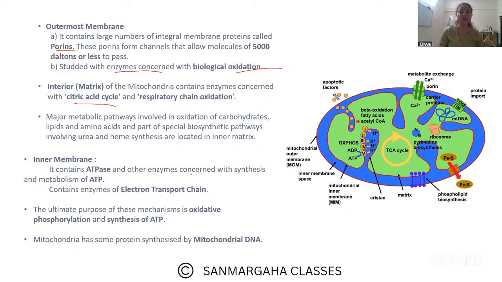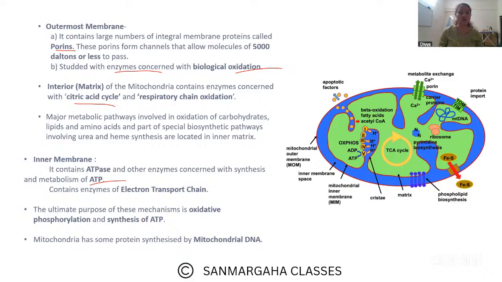Okay, and the inner membrane has the foldings what we have discussed, that is the cristae. So this has an enzyme called ATPase, that is concerned with the synthesis of ATP. Okay, and also it has enzymes which are responsible for the electron transport chain.